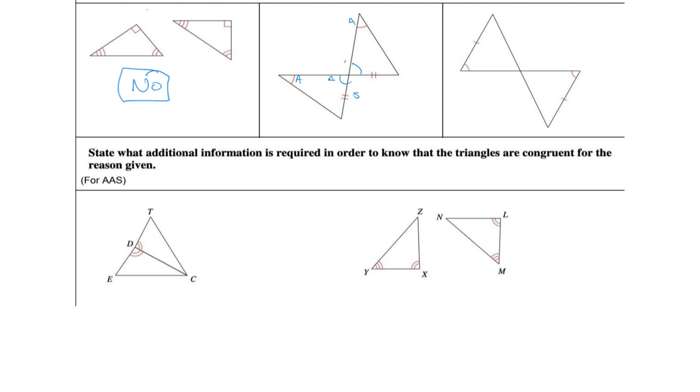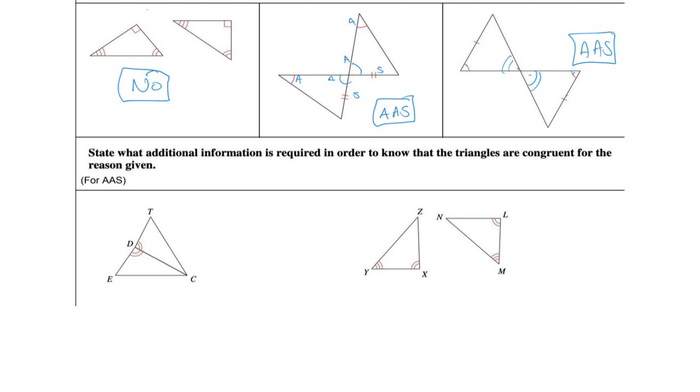It's a non-included side, so angle angle side. It's not in between, so yes, this is by angle angle side. Add the vertical angles, angle angle side. Sorry, this should be 2 dots. So yes, angle angle side. You just make sure if you're doing angle angle side, the side is not in between the two angles, which this one is not.